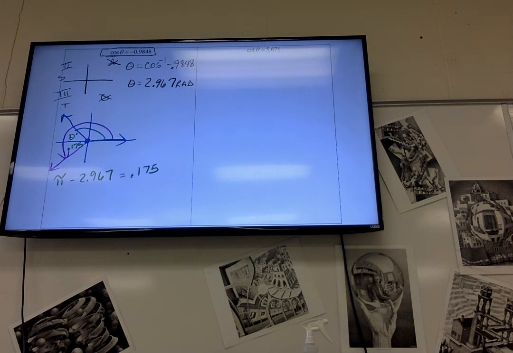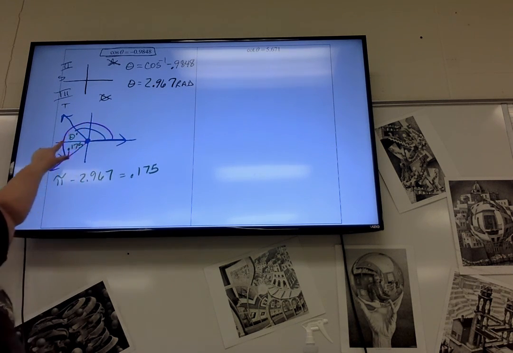So now, Cameron, how'd you say I found the purple angle? Add pi to it, because it's pi plus this little bit.